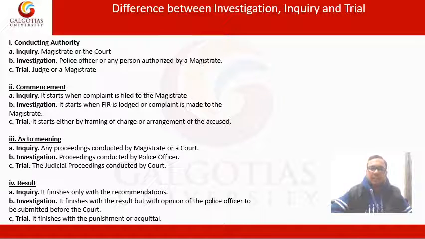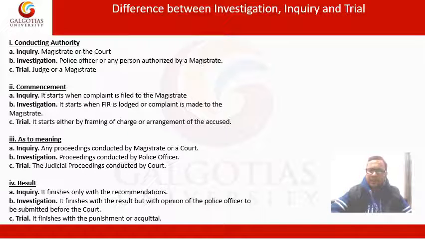In terms of conducting authority, inquiry is done by a magistrate or court. Investigation is done by a police officer or any person, even a private person, authorized by a magistrate. And trial is done by a judge or a magistrate. You can call it a court. So in terms of conducting authority, inquiry and trial are conducted by a magistrate, court, judge, whatever term you want to use.